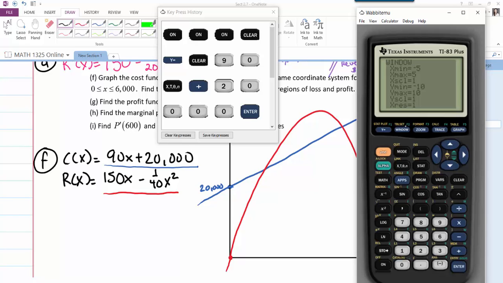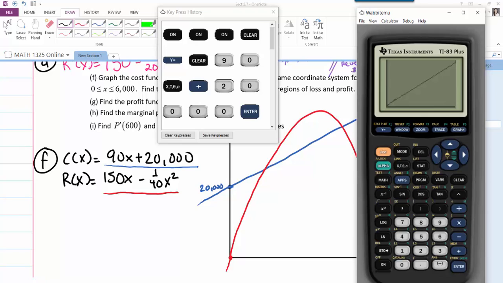Now remember, we're graphing this between 0 and 6,000, so my x max is going to be 6,000. We're trying to figure out what we should do in terms of our y's. I'm going to say my y max, let's make it 600,000, just to estimate to see if that's a good enough window.